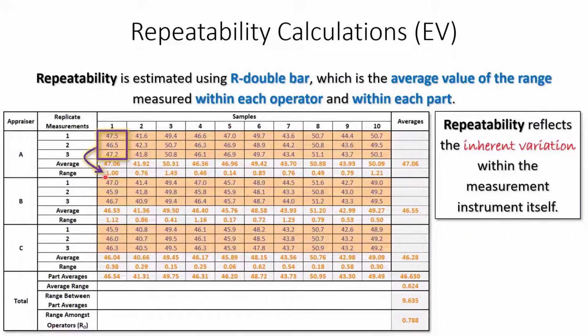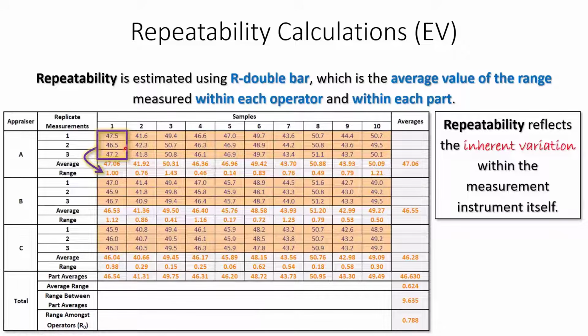And that range value is 1.0. That range value is a reflection of the variation within an operator. We've got the same person measuring the same parts. This is the variation within an operator within a part. And we assume that variation is essentially inherent to the equipment itself, okay?